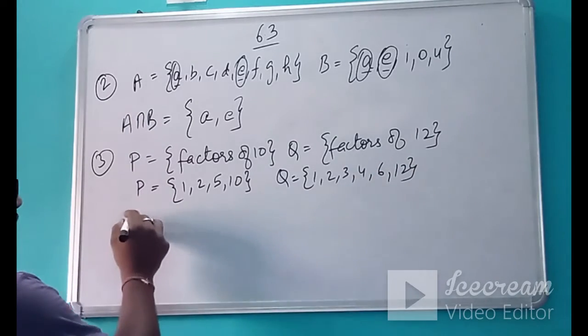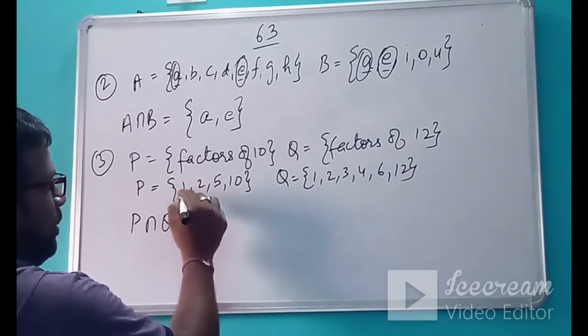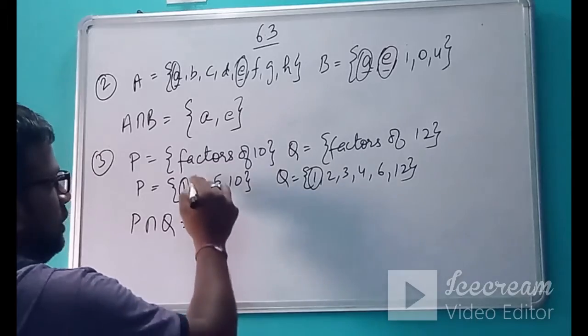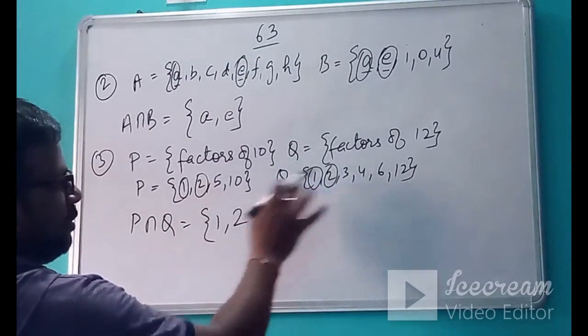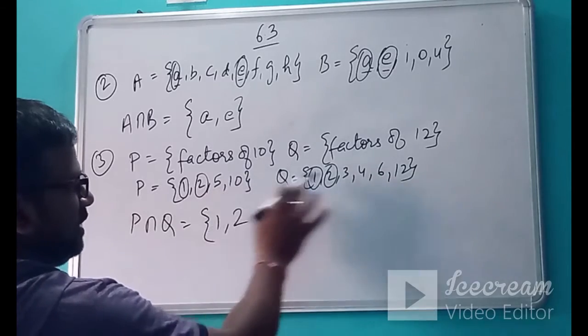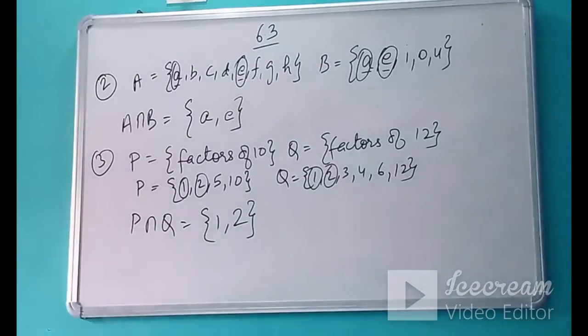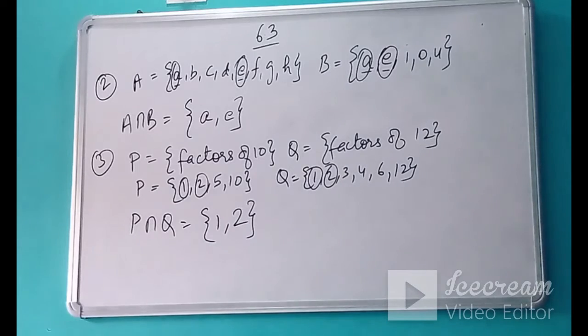So again if we have to calculate P intersection Q, the common elements we will take: 1, this is 1, then 2 is there and 2 is there, then 2, and see no other common elements are there. This is 5 and 10, this is 3, 4, 6, 12, so this will be your P intersection Q. Okay, so like this you just take the common elements which are present in both the sets, not any other element.